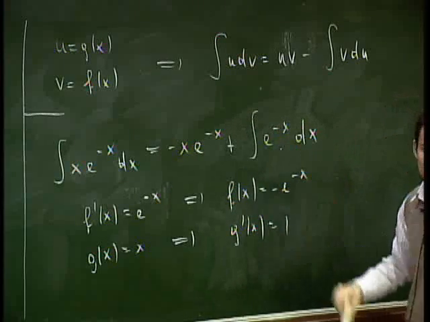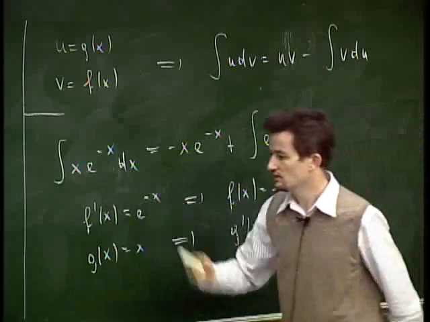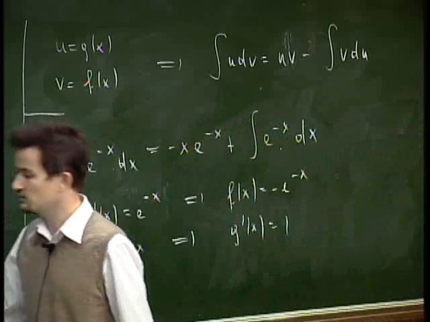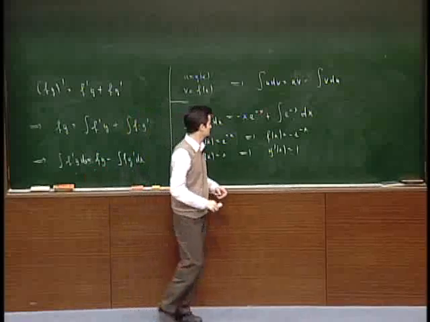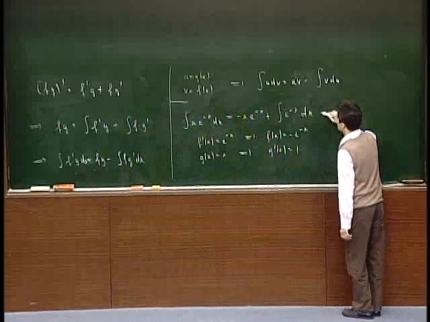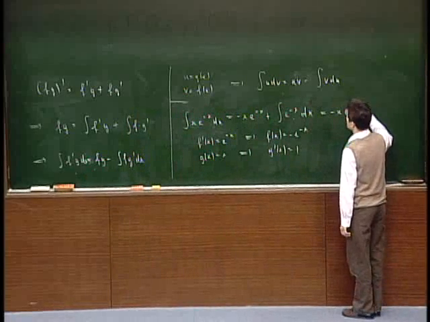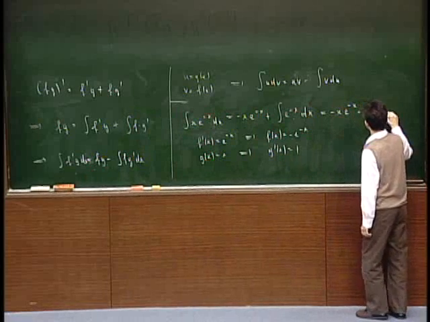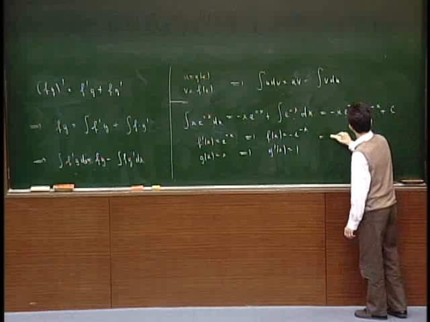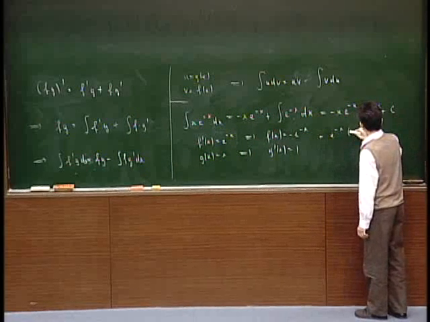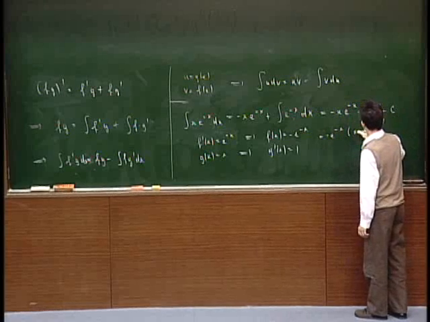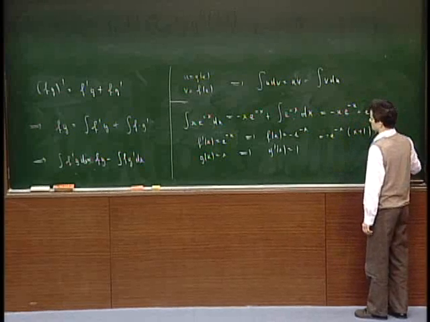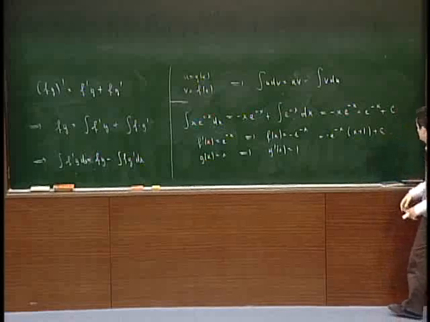And indeed, this integral is easier than the original one. So using this method for this example is successful. So here, minus x e to the minus x minus e to the minus x, actually plus a constant. So you have e to the minus x times minus x minus 1, plus a constant. Okay, so this is one example where this works.